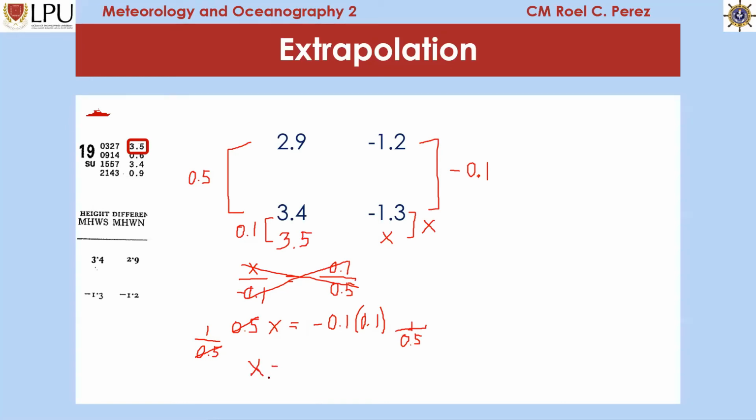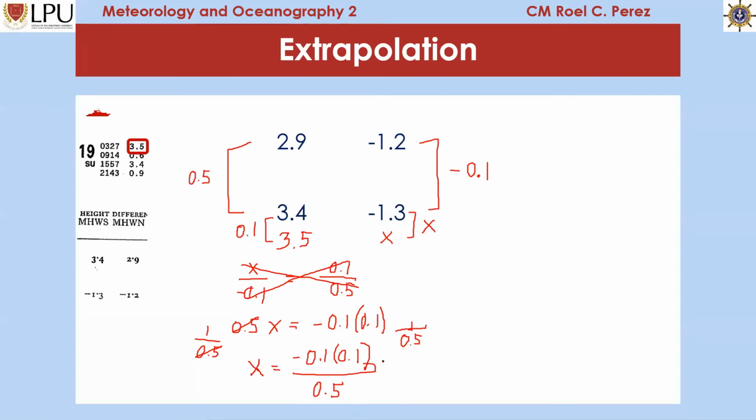So x equals negative 0.1 times 0.1 divided by 0.5.